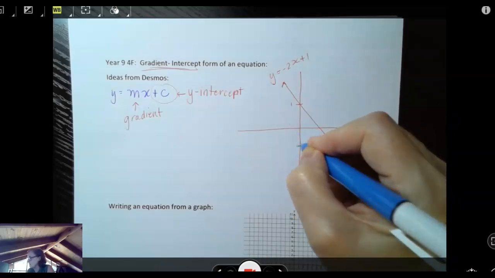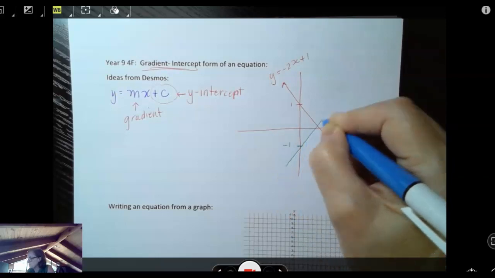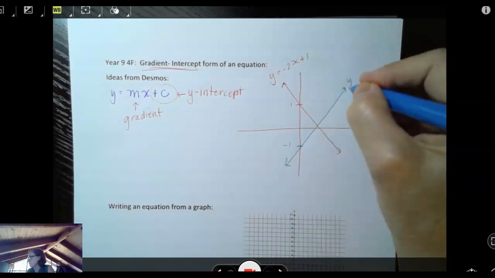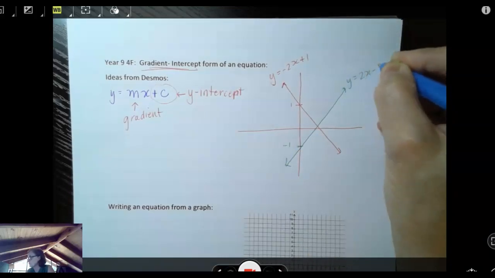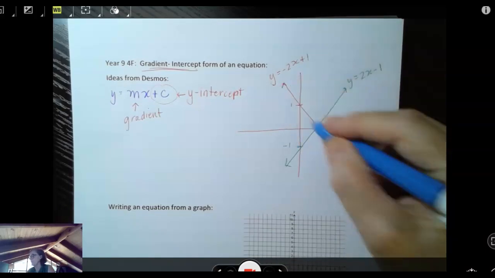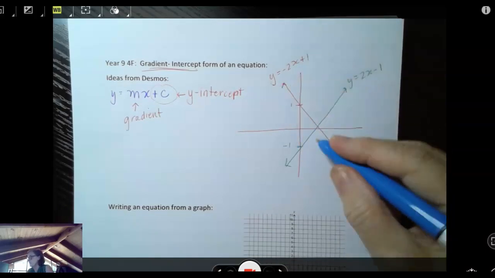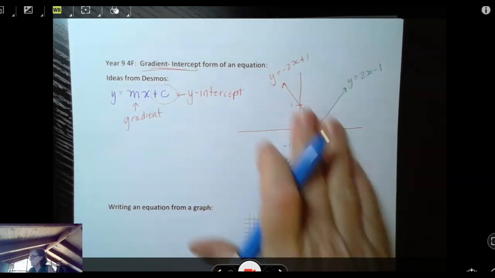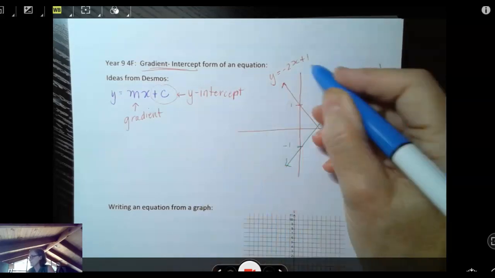Maybe it went through negative 1 down here, but it went up. Okay. So maybe it was y equals 2x minus 1. So positive gradient going uphill from left to right, negative gradient going downhill from left to right. And we saw that we could move these lines around, make new parallel lines by just changing this intercept.